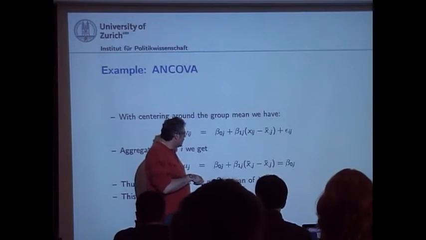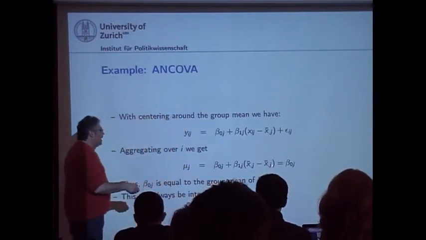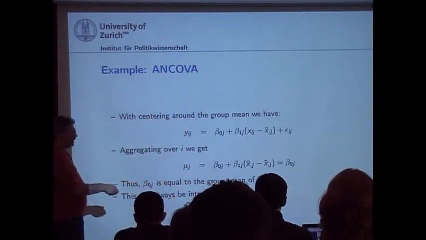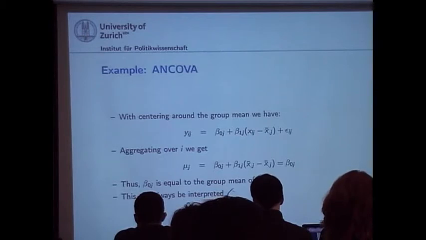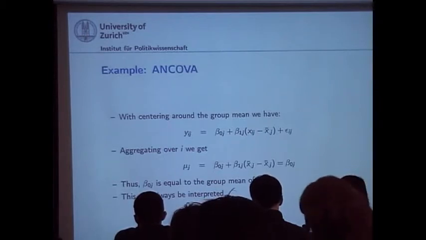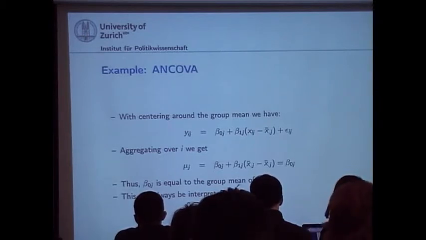That of course drops out. So beta 0j in this case is the group mean of the dependent variable. So it's a very straightforward interpretation. And that's really the payoff from centering.